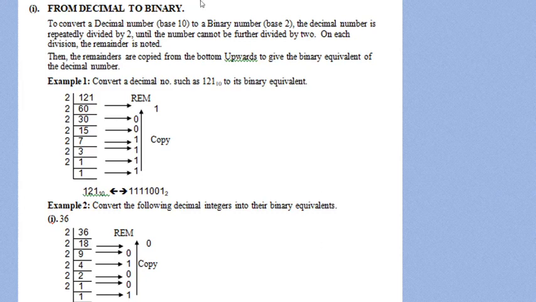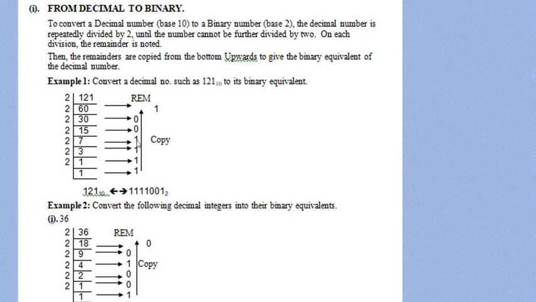For example, 121 divided by 2, you get 60 because of 120. Therefore, it is not divisible by 2, so you write 1. Then you get 60. 60 divided by 2 is divisible, so you write 0. You get 30. 30 divided by 2 is divisible by 2, so you write 0. You get 15. When 15 is divided by 2, you get 7, but 15 is not completely divisible by 2.